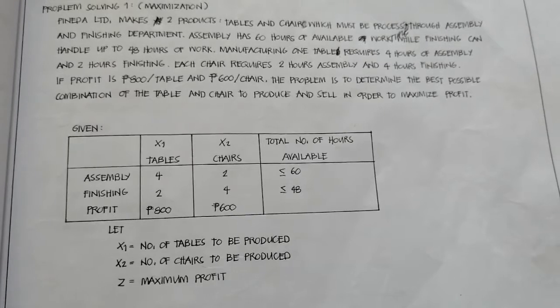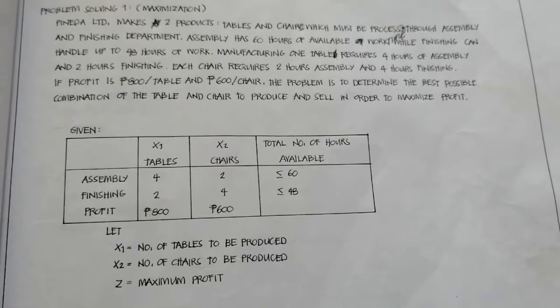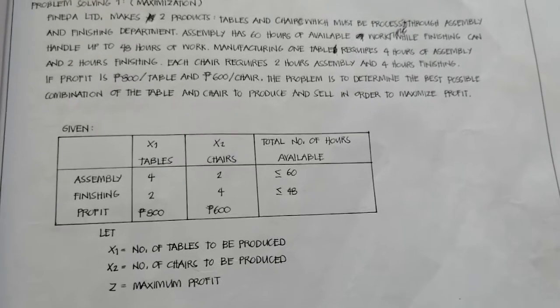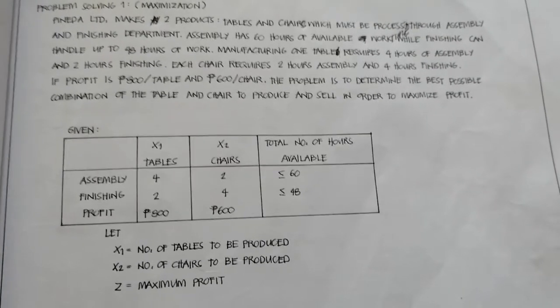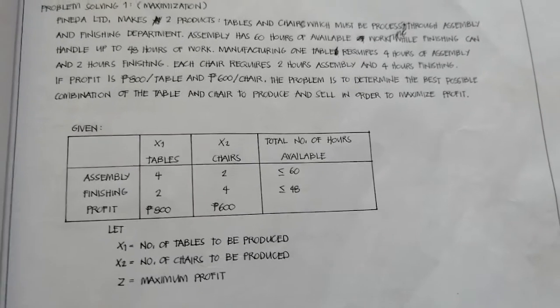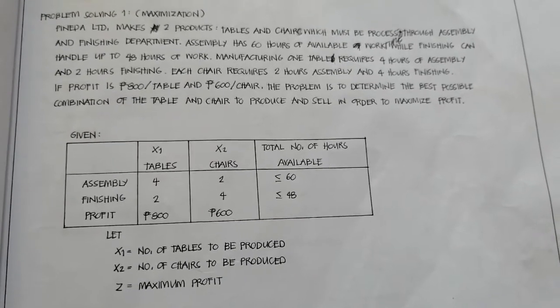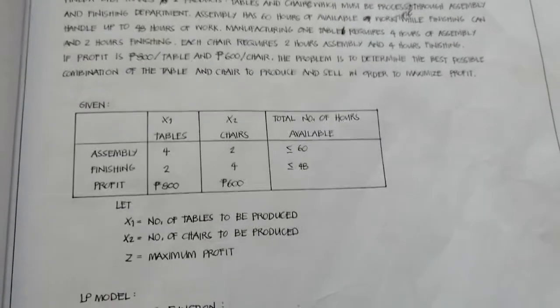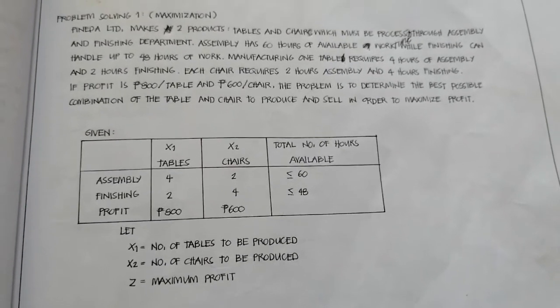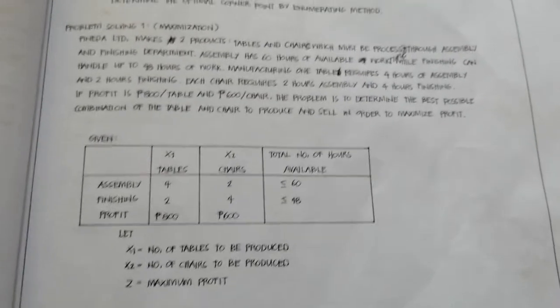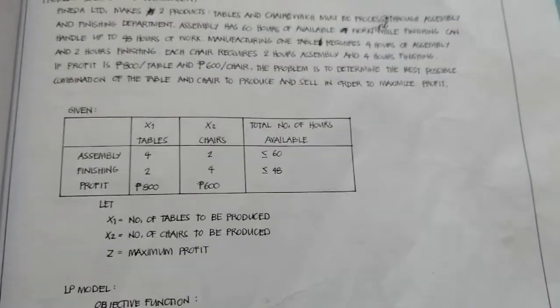Each table requires 2 hours and 4 hours in each chair. Okay, so it was also mentioned the total number of hours available for the assembly is not more than 60 hours. The same thing with finishing, it's only 48 hours. And the profit is 800 per table that they produce and 600 for chairs.